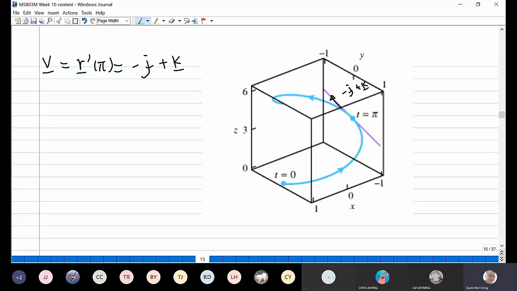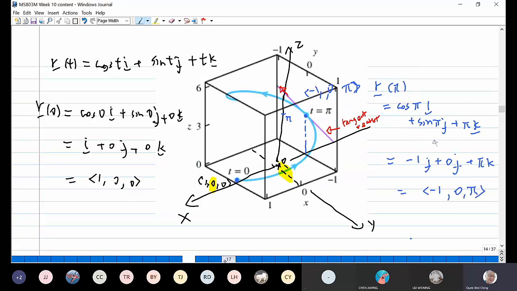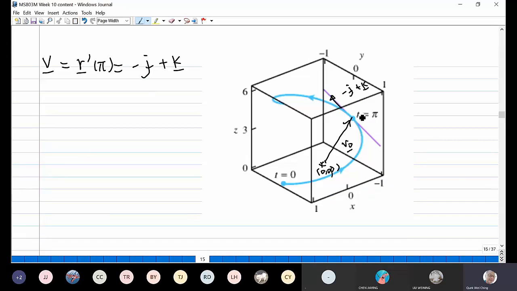Now, what is the equation of the tangent line? Somewhere here is the origin. So I join this one to here. This is r0, from the origin to the point. Where is that point? We calculated just now: minus 1, 0, pi. So this point is P0 here, and r0 is minus 1, 0, pi.